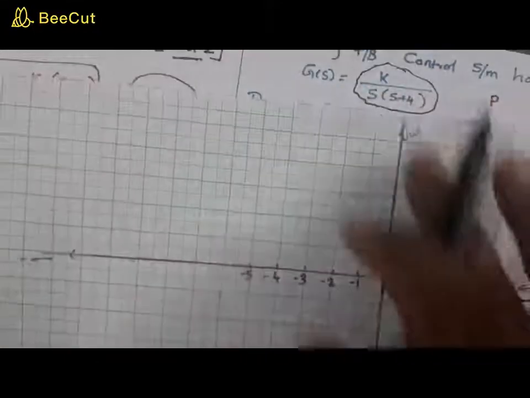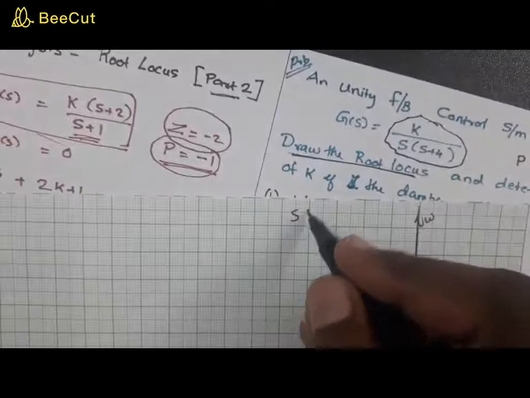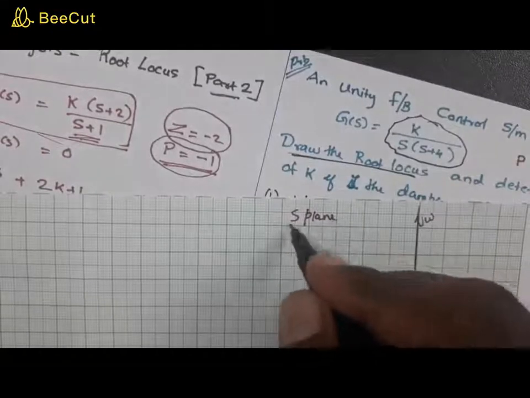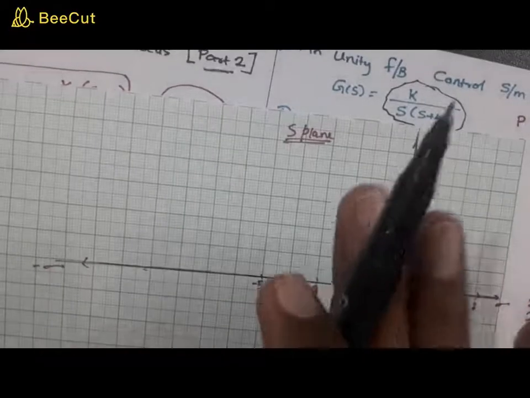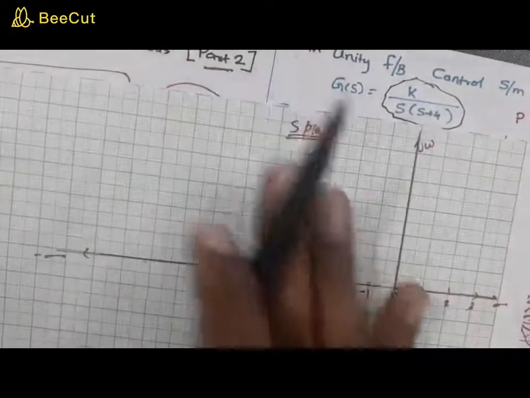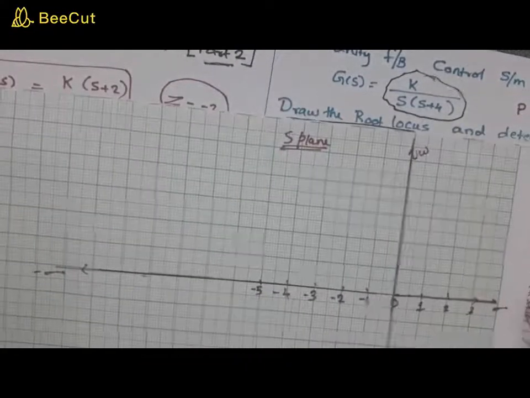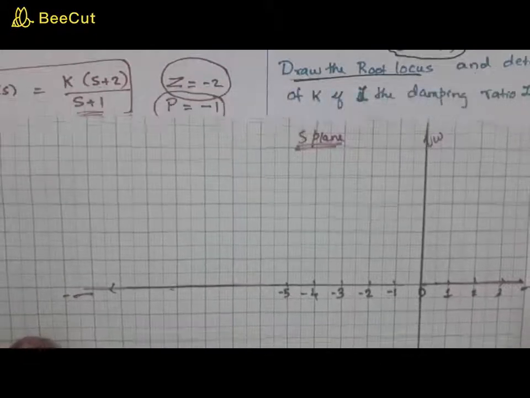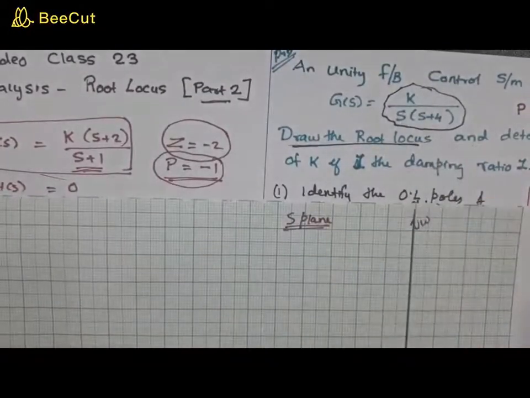So this is actually a figure of the S-plane, and we are plotting the locus on this S-plane. We want every point on the root locus to remain on the left half for the system to be stable. That's our objective. We are going to see whether this transfer function will have such a graph or not.